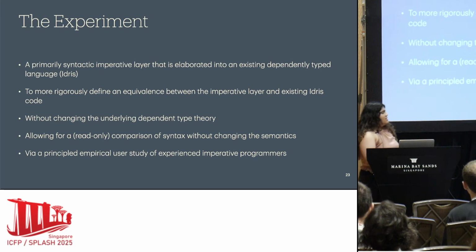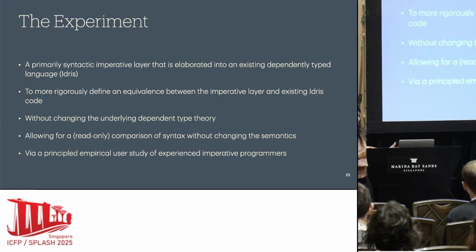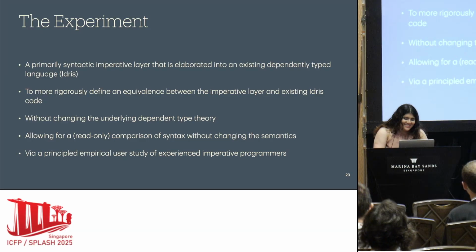And so I have an experiment in mind, which is a primarily syntactic, and I'll tell you what that means, imperative layer that elaborates into an existing dependently typed language, which, like I said, must be Idris, for unknown reasons.